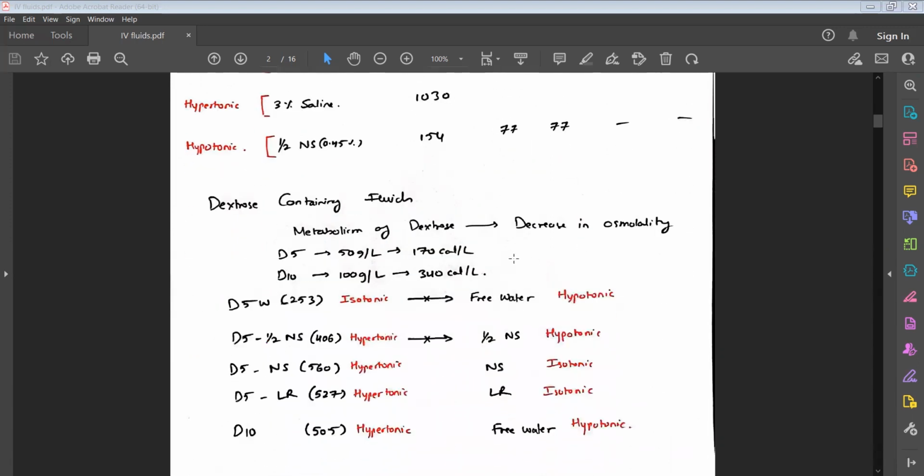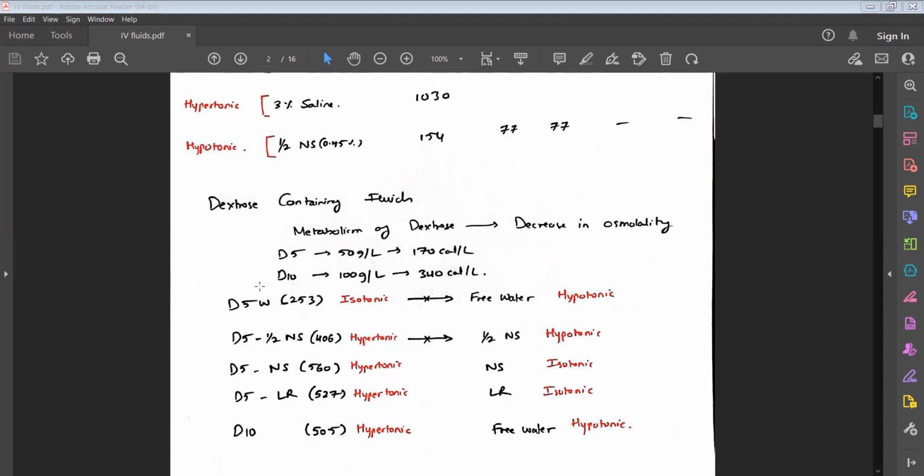Then there are some other common fluids that you will come across, which are initially hypertonic, but as they are metabolized, they become either isotonic or hypotonic. The most common one is dextrose-containing fluids. Now remember, dextrose-containing fluids have either 5% dextrose, that is 50 gram per liter, or 100 gram per liter, that is D10, and it will have about 170 calories in D5 and 340 calories per liter in D10.